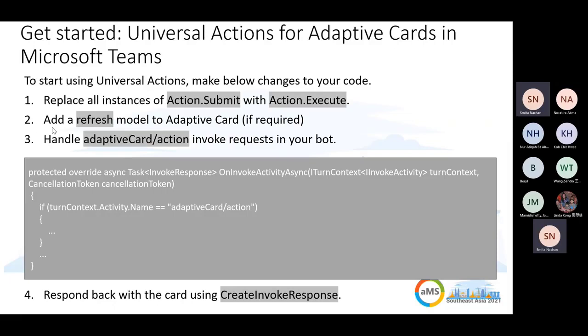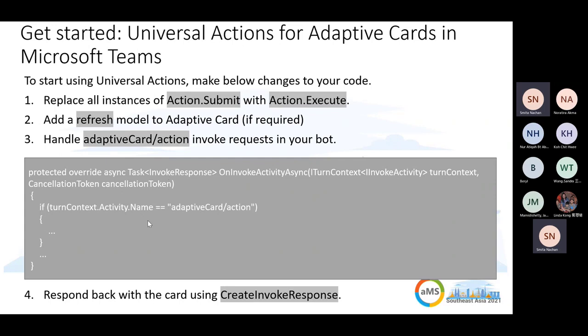And then as we discussed, we should add the refresh model to the adaptive card if required, because if you want to refresh the user specific views, then only consider adding the refresh model. Otherwise, unnecessarily adding the refresh model could cause potential issues with the card performance. And then, once you add the refresh model, we should handle this adaptive card / action invoke request in your bot.